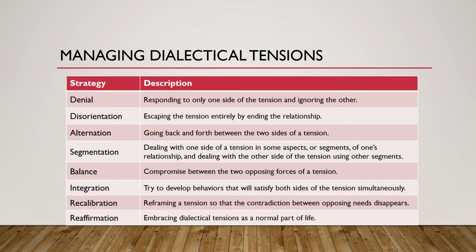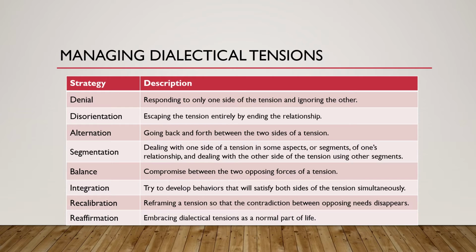Segmentation is dealing with one side of the tension in some aspects or segments in the relationship, and dealing with the other side of the tension in other segments. So when we think about the different interactions in our relationships, thinking maybe about openness versus closedness, in our face-to-face communication, maybe about our daily lives, about our work, about our family relationships, we have complete openness, but there are other aspects where we have maybe privacy, like maybe on our technology.